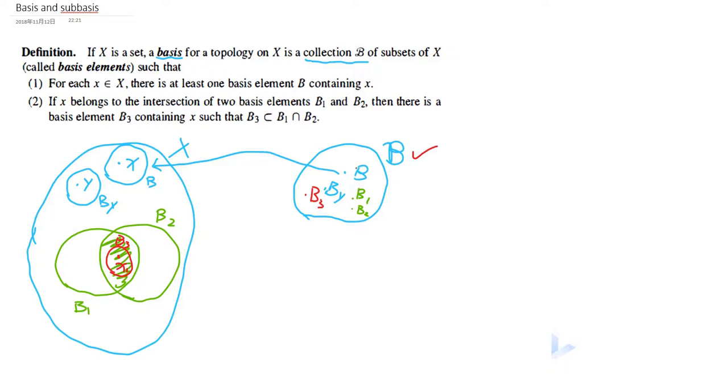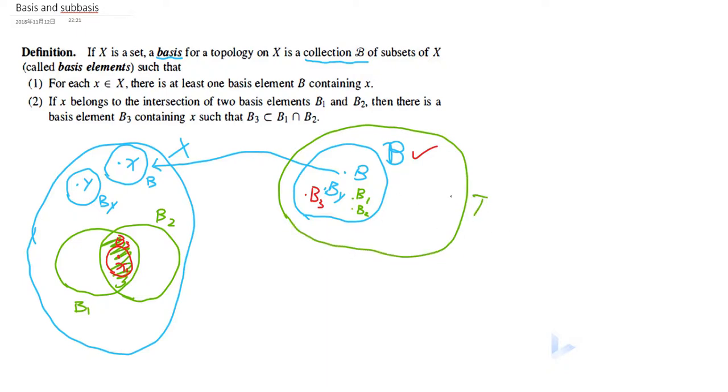That's why the basis is very useful. In the later discussion, we will find that the basis B is actually a subset of the topology. So the topology may look like this.